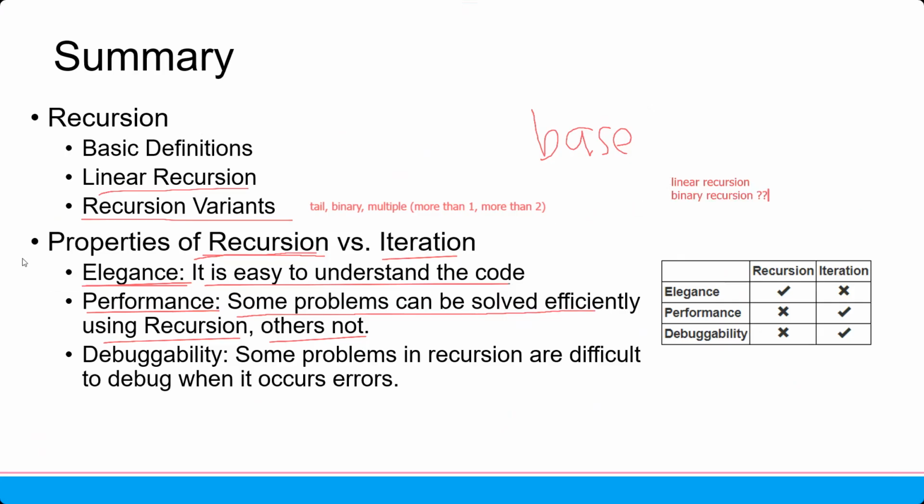Debuggability. Do you know debug? Debug means when you have the code, you want to check it one by one, line by line. You want to check where the error is, where the missing line is, and so on. So we can say this is debuggability. Debuggability means some problems in recursion are difficult to debug when errors occur.